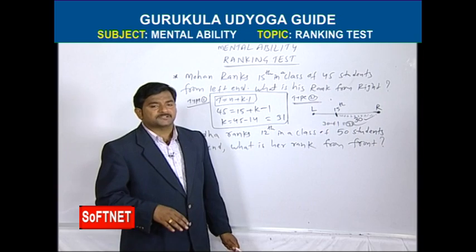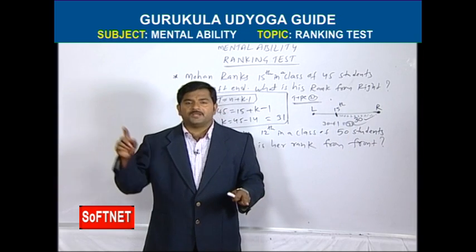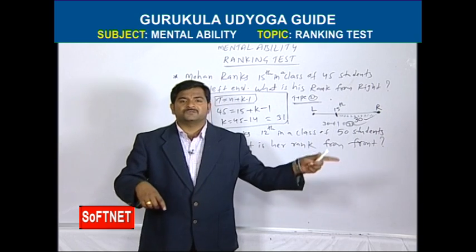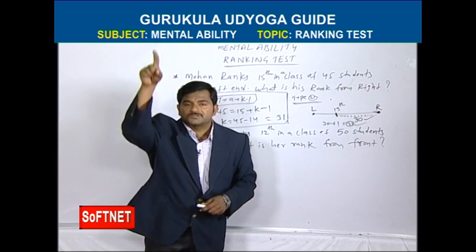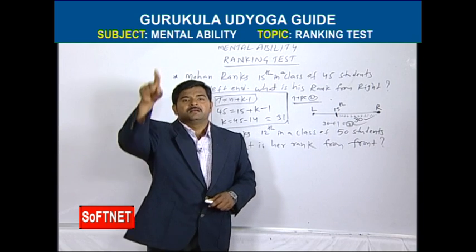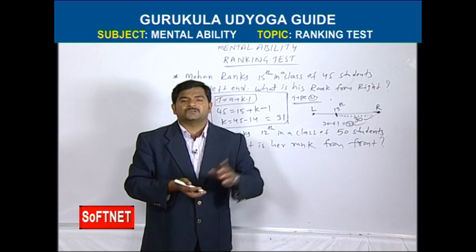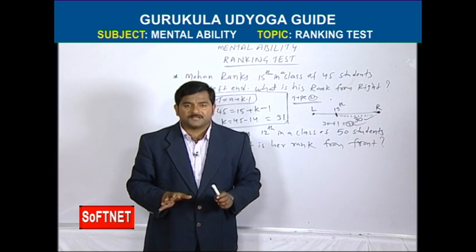There are 3-4 conditions. Left side will be given, he asks to find right side, same formula. Right side will be given, he asks to find left side, same formula. South side will be given, he asks to find north side, same formula. East side will be given, he asks to find west side, same formula.